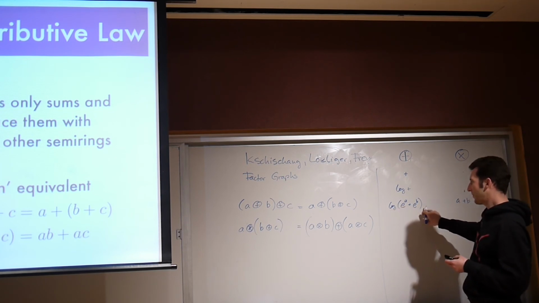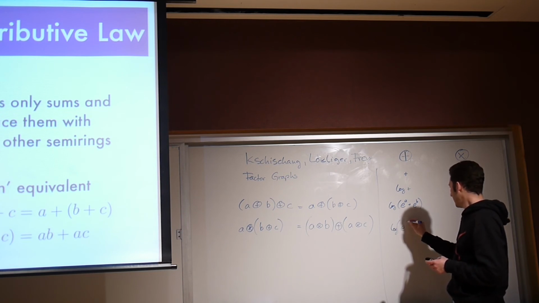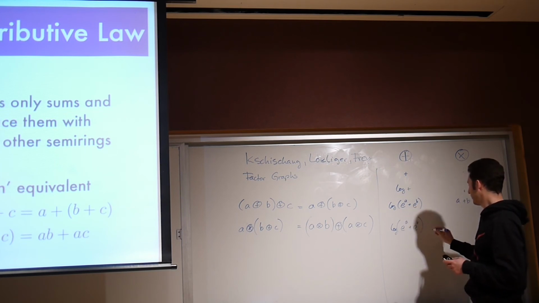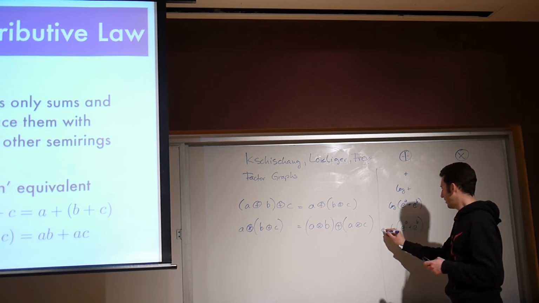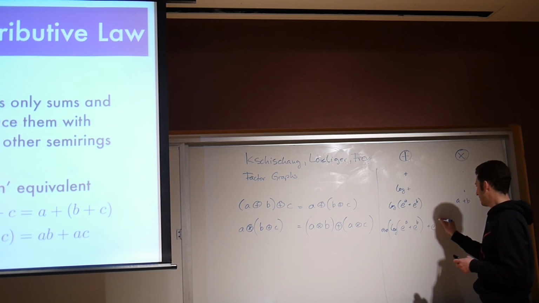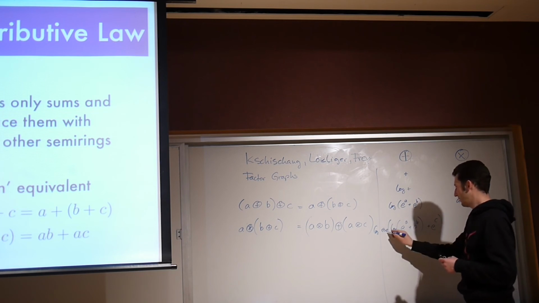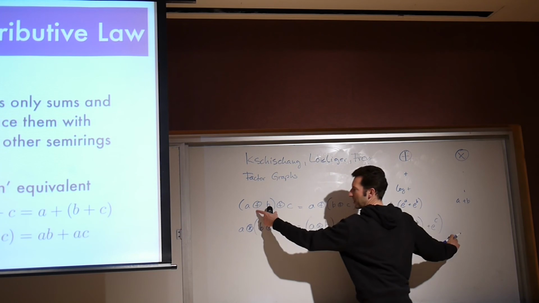So what we have is basically the log of e to the a plus e to the b, and then we have that x plus e to the c, and the log again. Okay, right? So that's basically this term here.